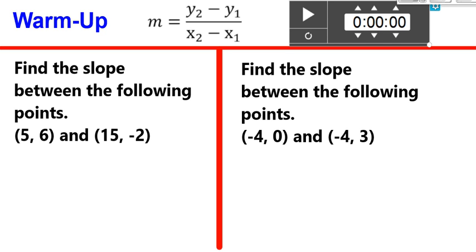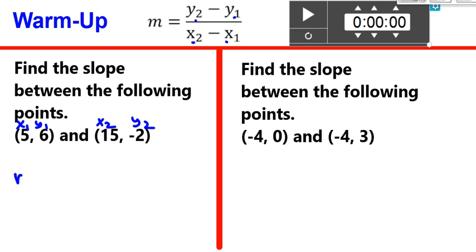All right, so if you recall, the first thing I'm supposed to do is I see a bunch of y1s, y2, y1, x2, x1. So first I'm going to label my points. So this is x1, this is y1, this is x2, this is y2.